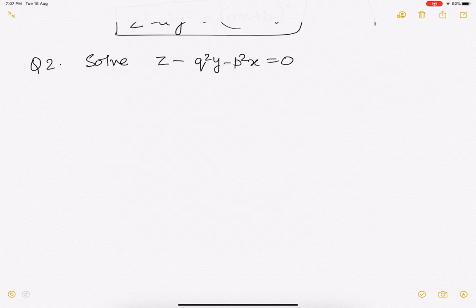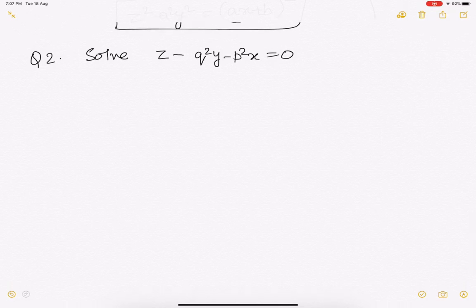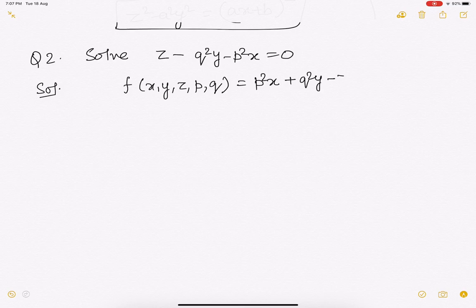So the next question asked by the students is z minus q square y minus p square x is equal to 0. So let us write the function. We have the solution, function of x, y, z, p, q, equal to p square x plus q square y minus z is equal to 0.